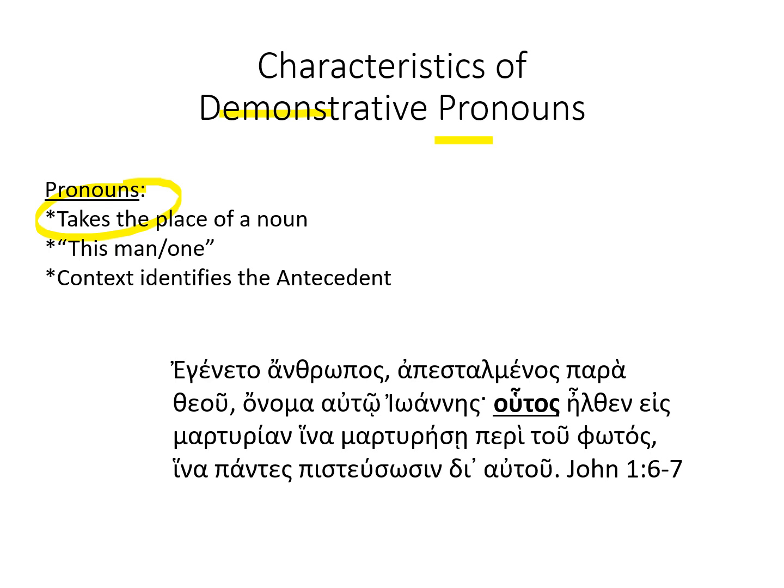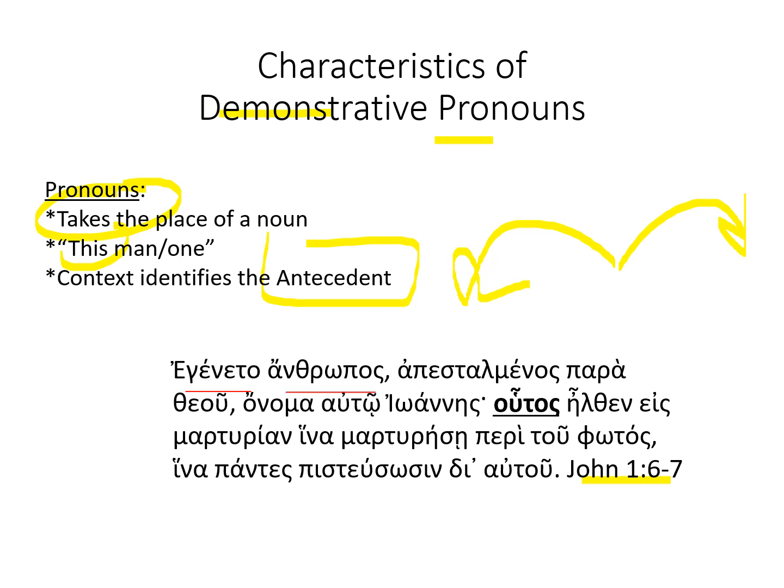So it's referring to this individual, this man, this one, this woman, whoever. And context identifies the antecedent. What's the antecedent? Well, it's the specific noun that either the pronoun points back to or points forward to. I'm going to read here John 1, 6, 7, and perhaps pause the screencast, read it slowly, go back over it, and then we'll look here at houtos.